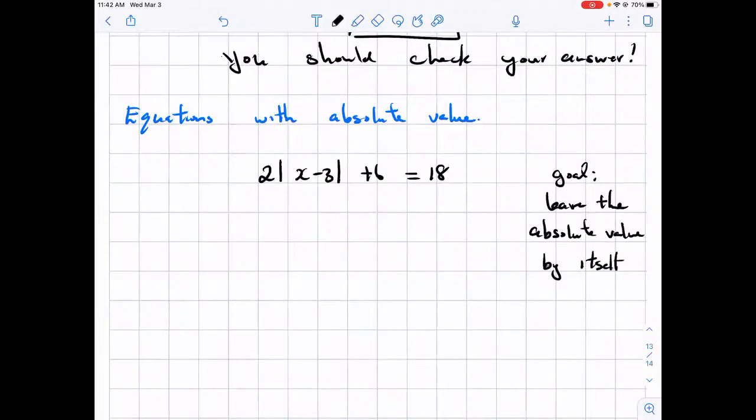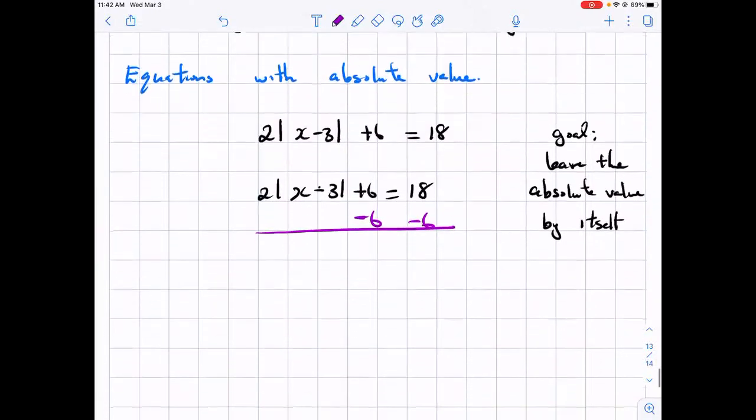So what we'll do is we will move first the plus 6. We can do that by subtracting 6 on both sides. That gives us 2 times the absolute value of x minus 3.